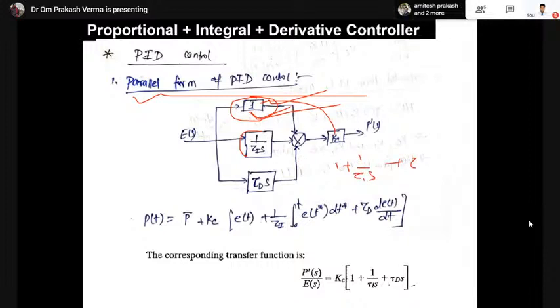When all these are added and multiplied with Kc, this is your transfer function P bar s into E s.